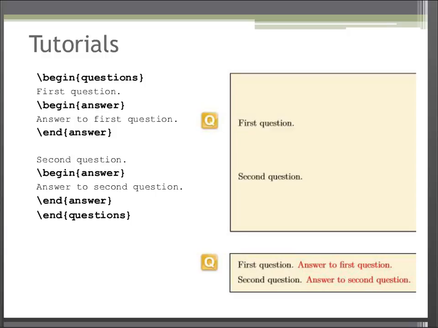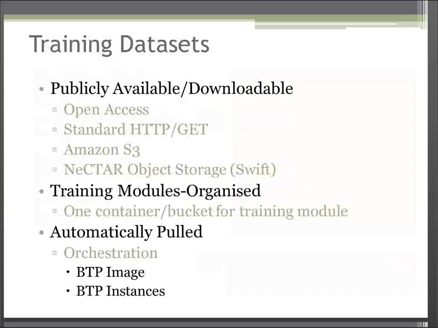The training datasets that are described in each training module are actually stored on the cloud and are publicly available as well. We made this available on both the Amazon commercial cloud object storage, as well as on the Australian Research Cloud object storage.